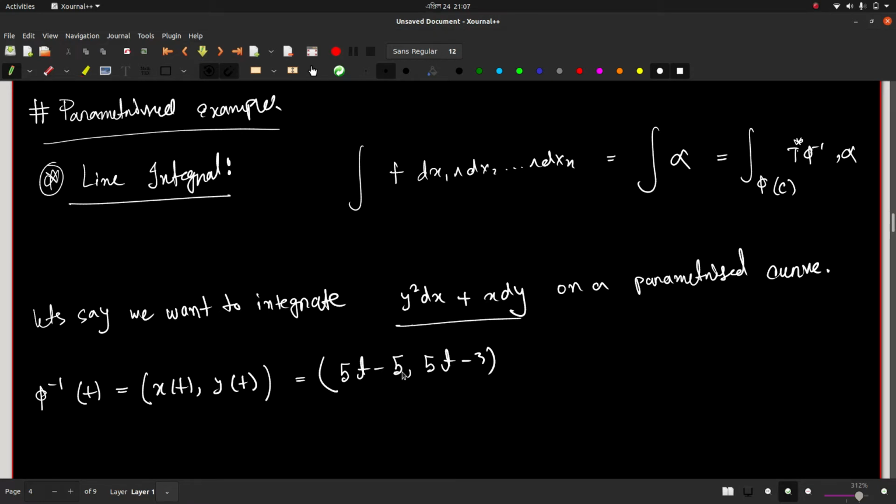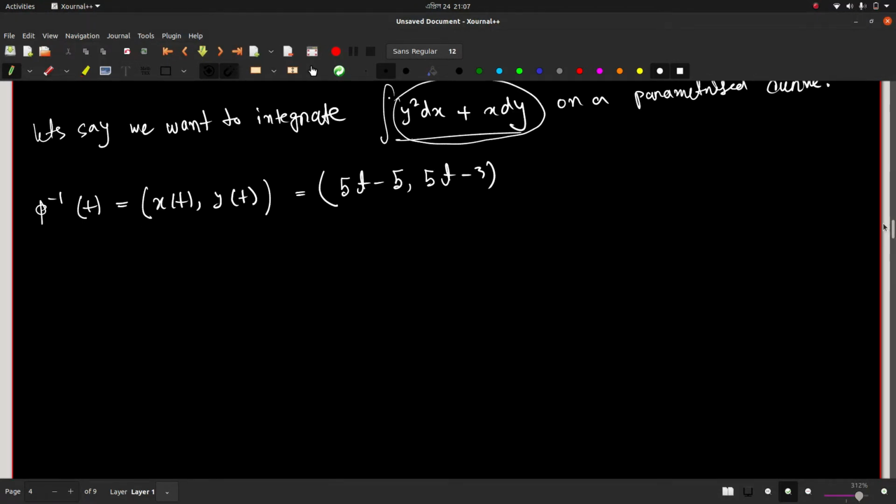Now first things first, since we are dealing with a parameterized curve now, our goal should be to change the coordinates and bring the whole integral, that means the integral over this guy over here, in terms of t. That should be our goal. So what we want to do is first compute the pullback mapping.